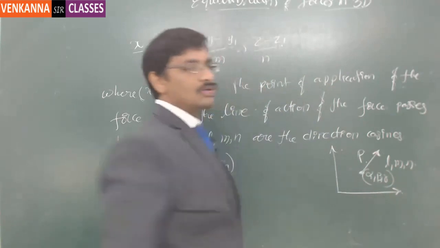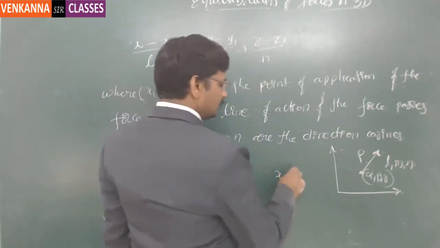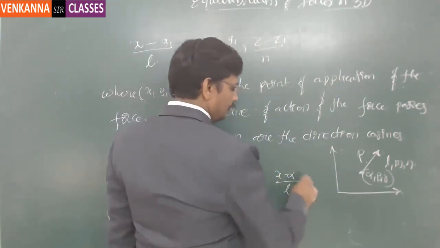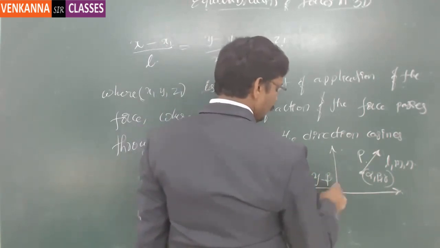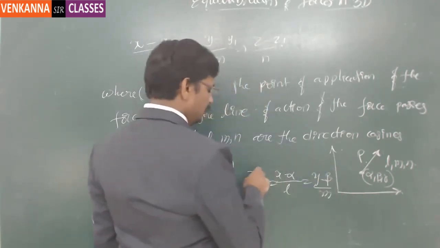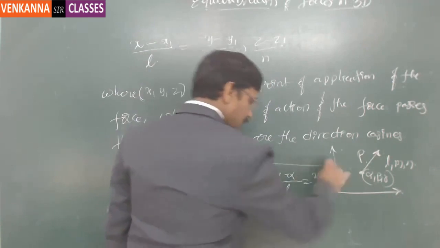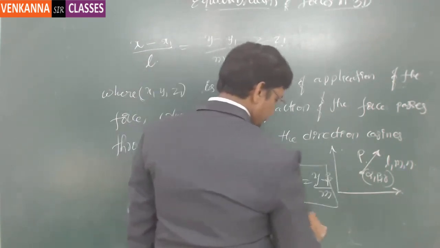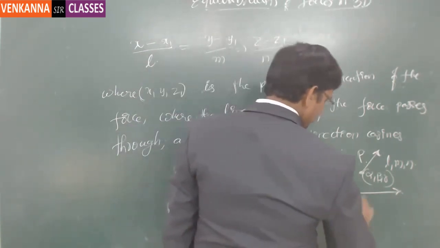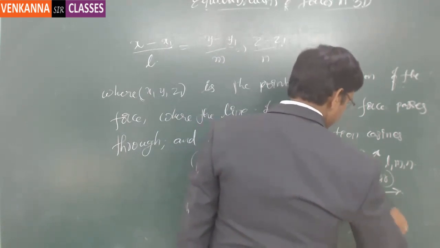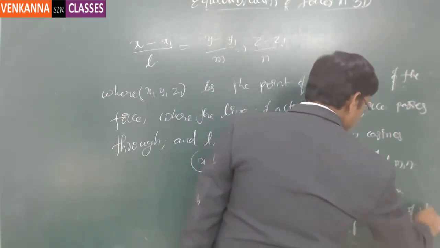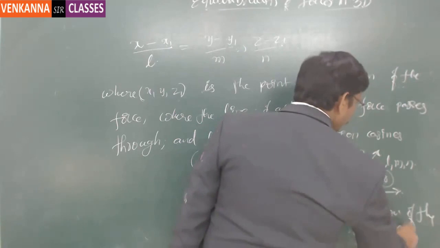Then this force can be treated as (x minus alpha) by L is equal to (y minus beta) by M is equal to (z minus gamma) by N. This is the line of action of the force.